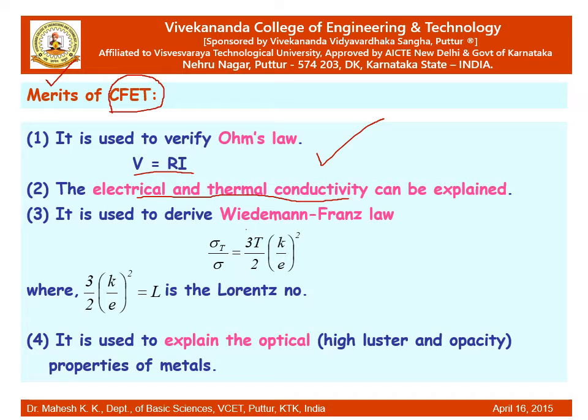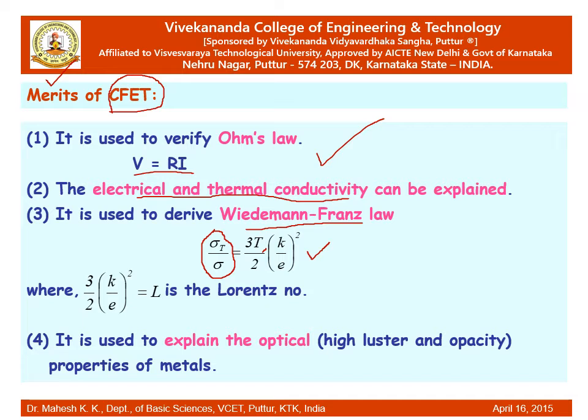the theory is used to derive the Wiedemann-Franz law. Means what is that? Wiedemann-Franz law is mainly the ratio between the thermal conductivity and electrical conductivity, that is kappa over sigma T, which is nothing but 3 by 2 into (k by e) whole square.